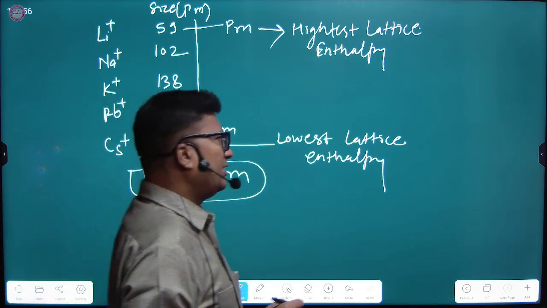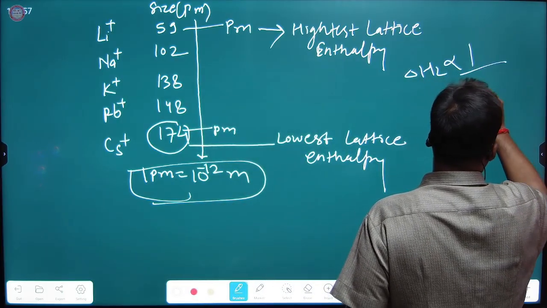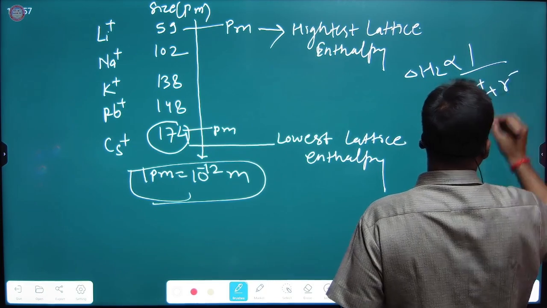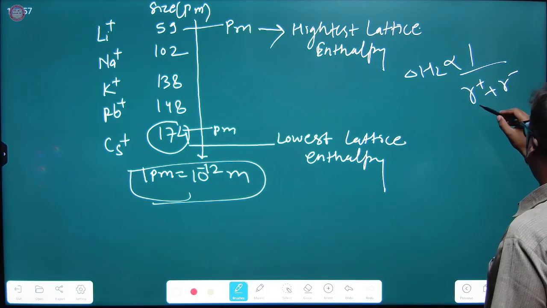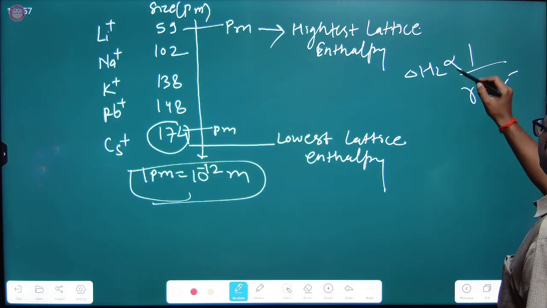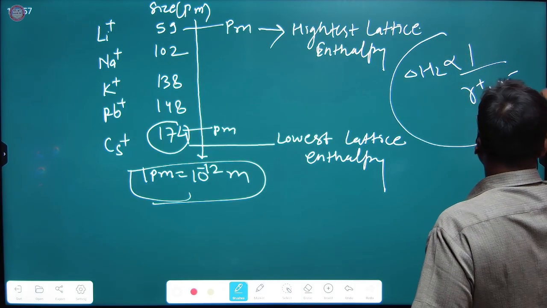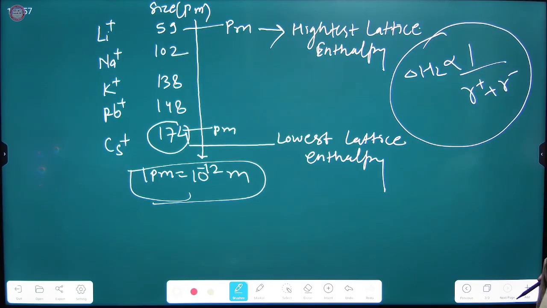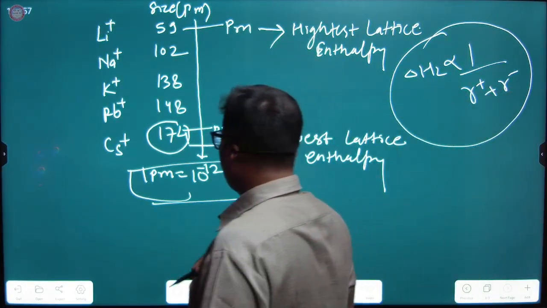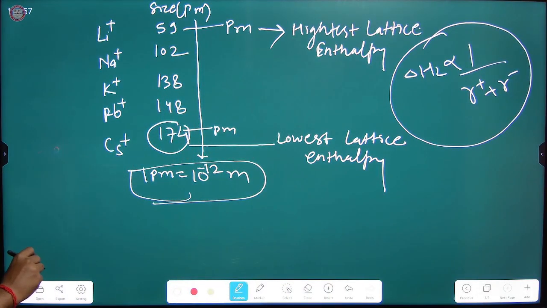As you know that delta H L is inversely proportional to R plus plus R minus, a larger inter-ionic distance will produce a lesser amount of lattice enthalpy in an ionic compound. From this equation, we can explain the lattice enthalpy of alkali metal ionic compounds in the first group.